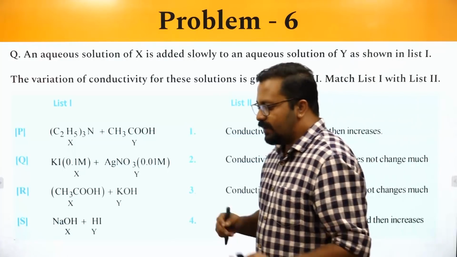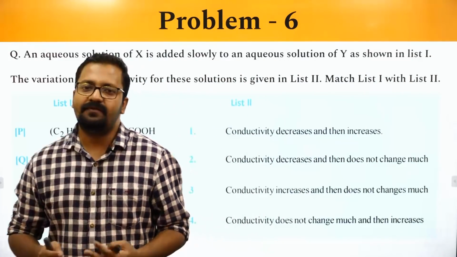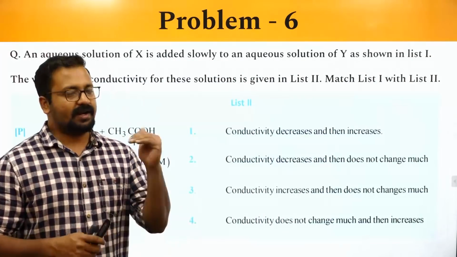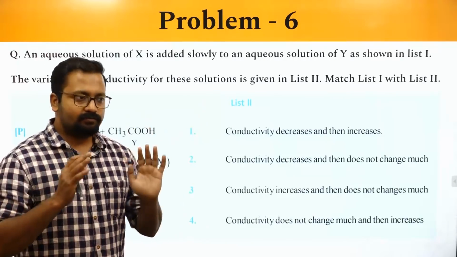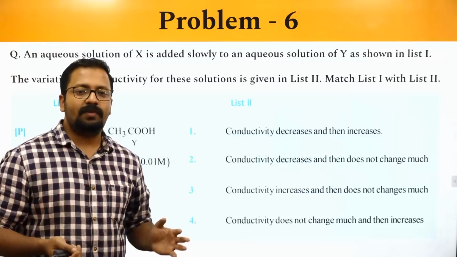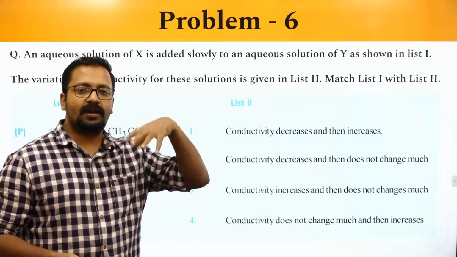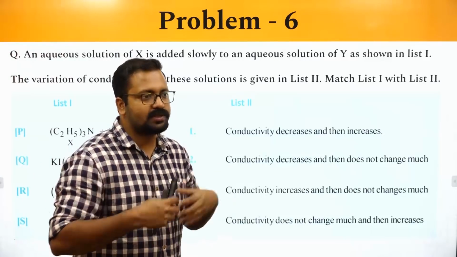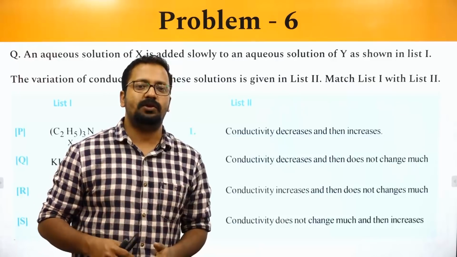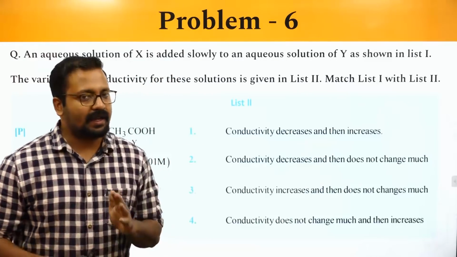Always remember, if ions are utilized, then conductivity decreases. If same number of ions are produced, then conductivity almost remains the same. If faster moving ions are utilized and slower moving ions are produced, that means H plus is utilized or OH minus is utilized, then the conductivity decreases.